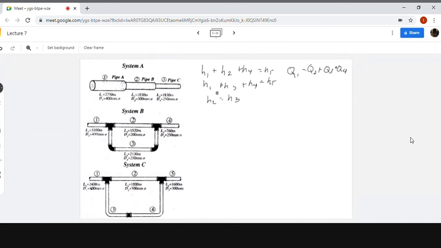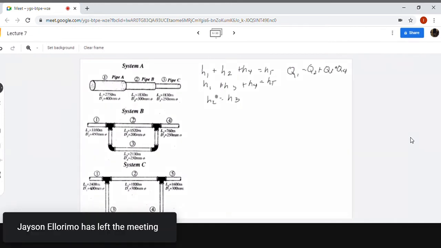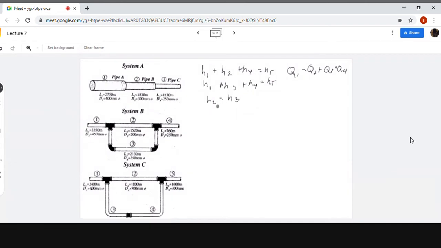So first we are going to have this in terms of head loss 2 and head loss 3.